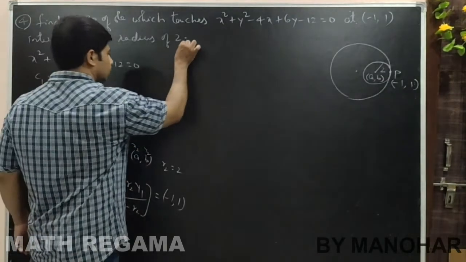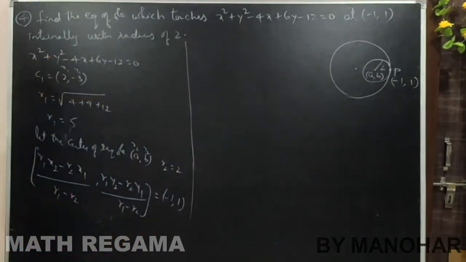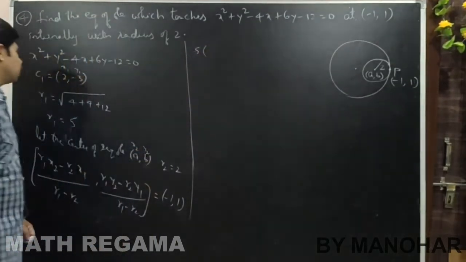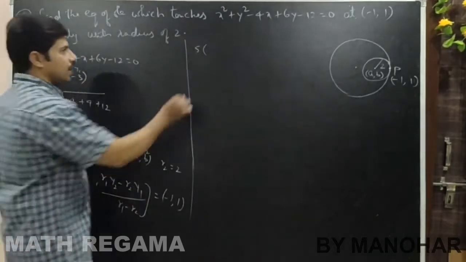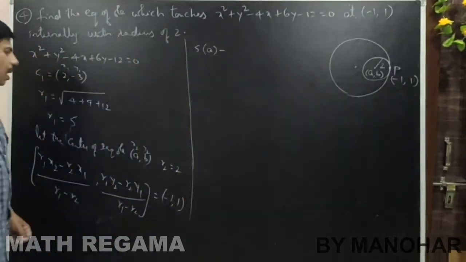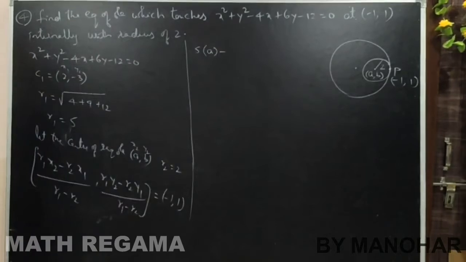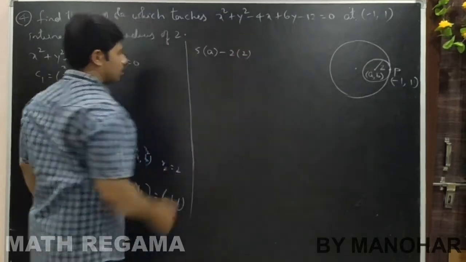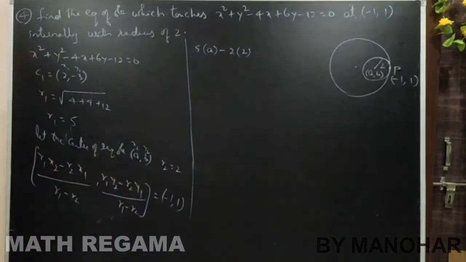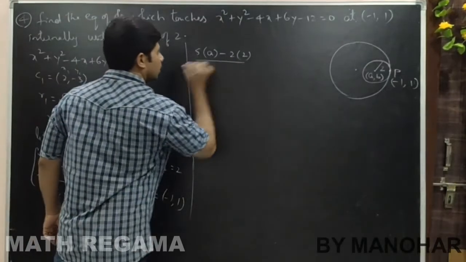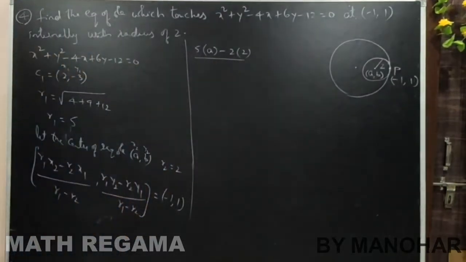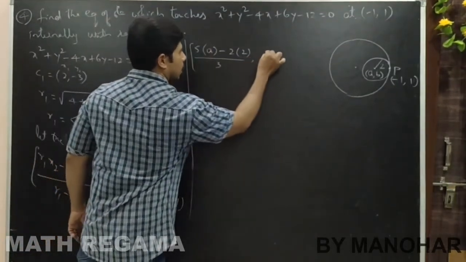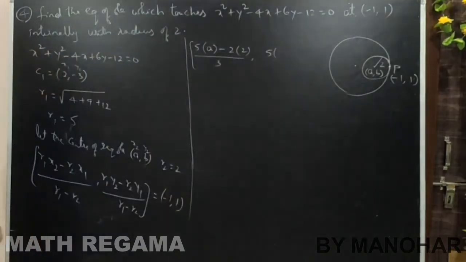Here R1 x2. What is x2? x2 is nothing but a. R1 x2 minus R2 x1. R2 is 2, x1 is 2. R2 x1 by R1 minus R2. What is R1 minus R2? 5 minus 2 is 3. Comma, R1 y2. y2 is b.